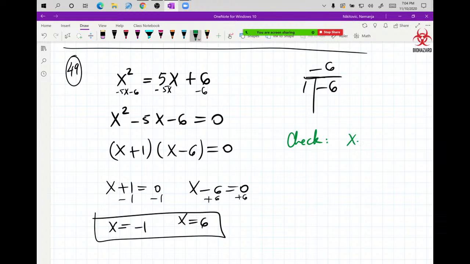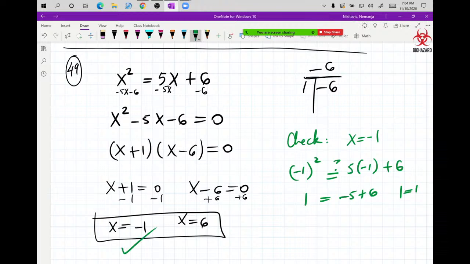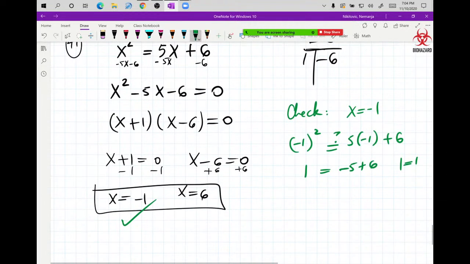So we're checking x equals -1. That's -1 squared should be the same as 5 times -1 plus 6. -1 squared is 1, and on the other side I have -5 plus 6. 1 equals 1. That one checks out. Now we check x equals 6.